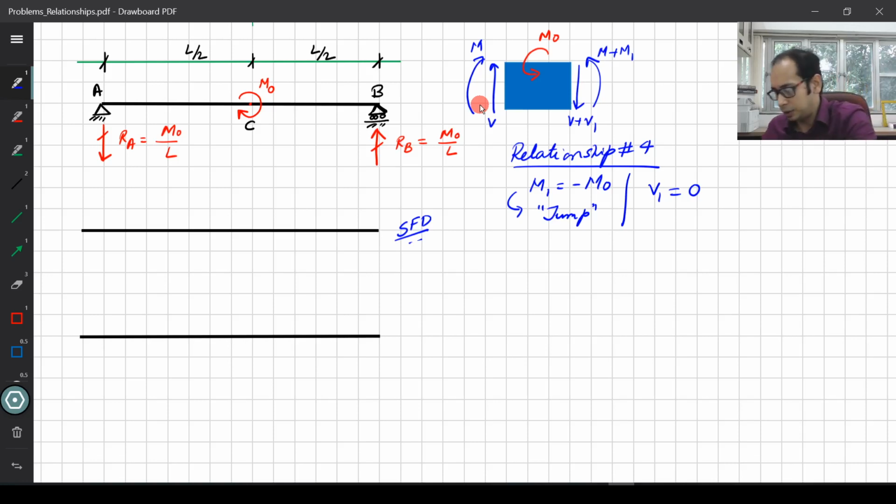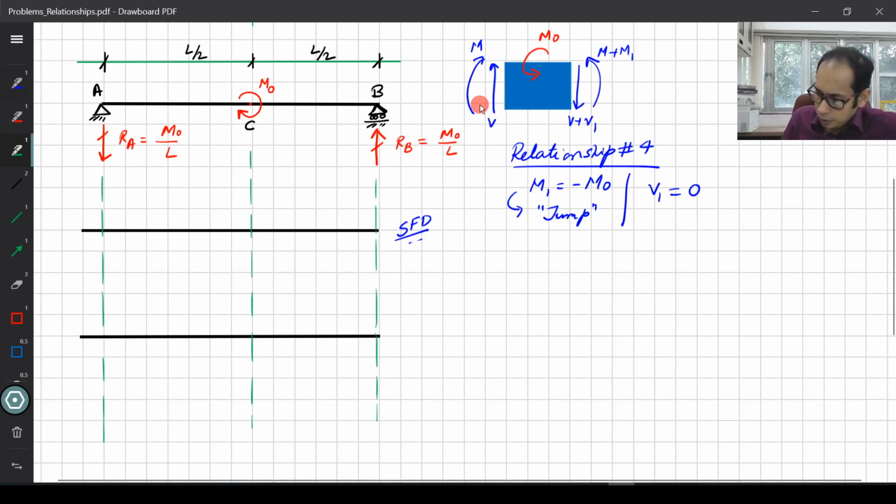So let's just mark the guidelines again to help us draw. One at A, one at L. So this is my A, B, and in the intermediate I have C. So for the shear force diagram, I start again from the left to the right.